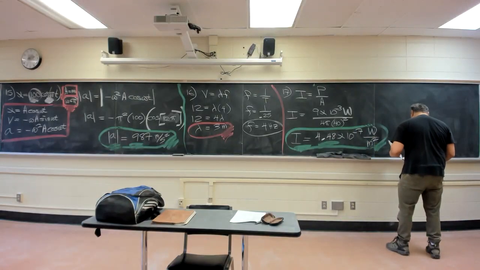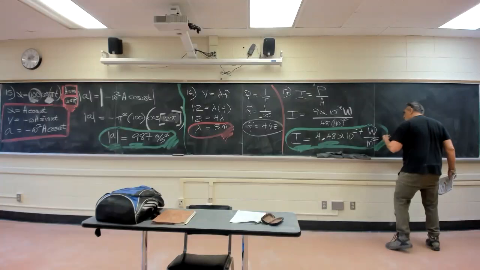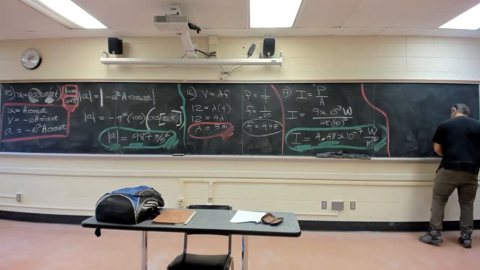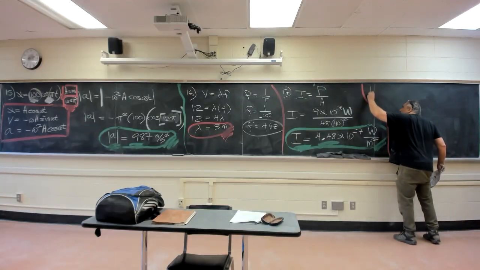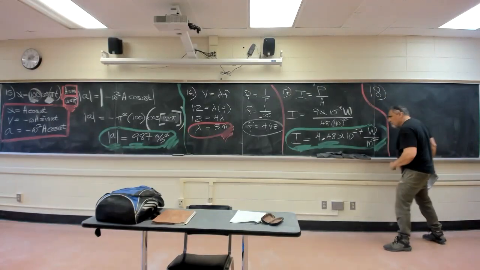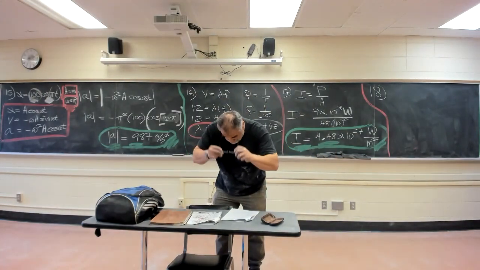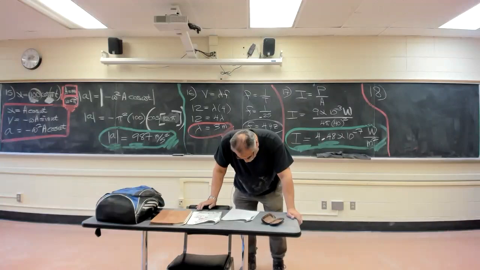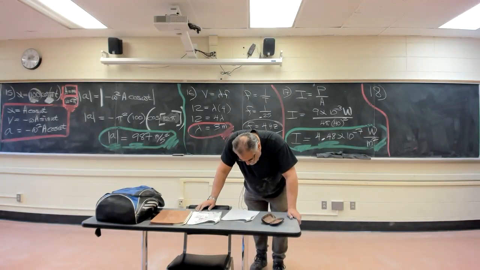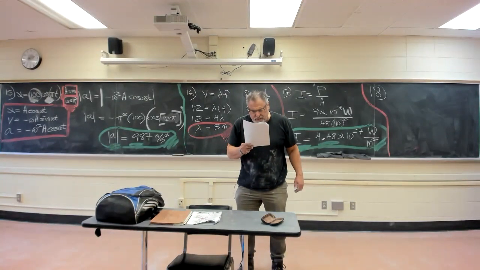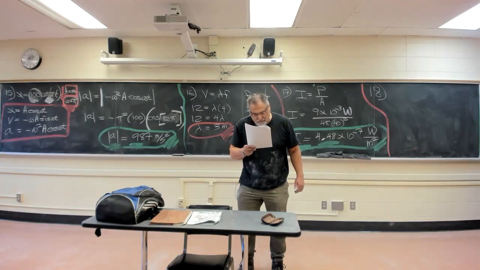Excellent. Let's look at 18. For number 18, a car moving at 30 meters per second approaches a stationary whistle that emits a 560 hertz sound.